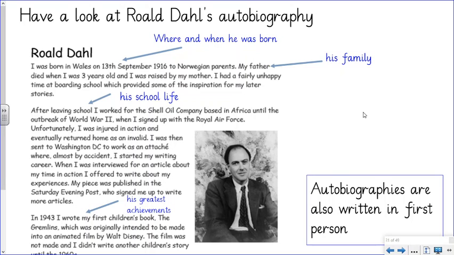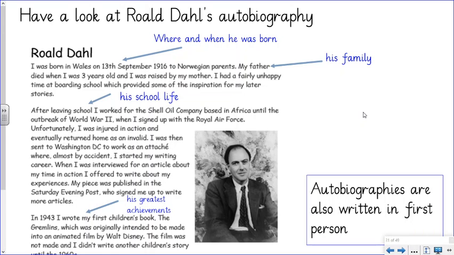Let's have a listen to this one. I was born in Wales on the 13th of September 1916 to Norwegian parents. My father died when I was 3 years old and I was raised by my mother. I had a fairly unhappy time at boarding school, which provided some of the inspiration for my later stories. After leaving school, I worked for the Shell Oil Company based in Africa until the outbreak of World War II, when I signed up with the Royal Air Force.